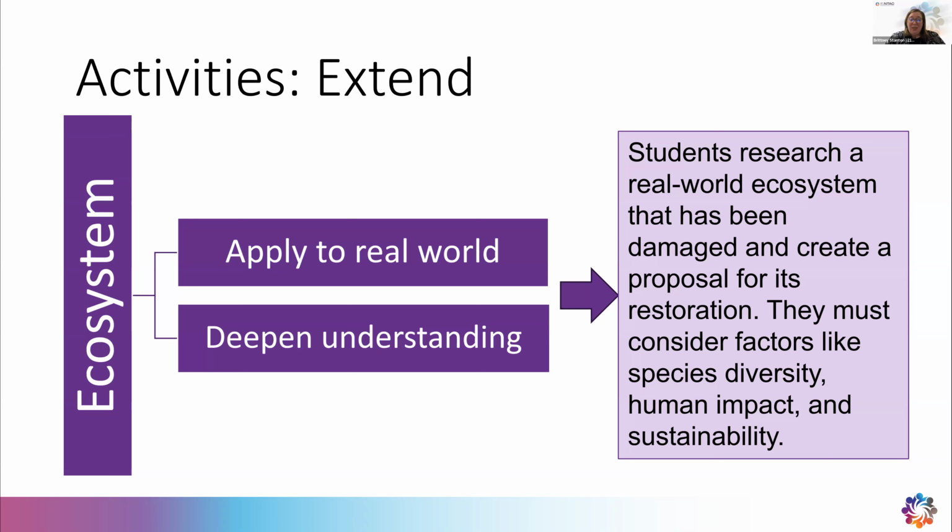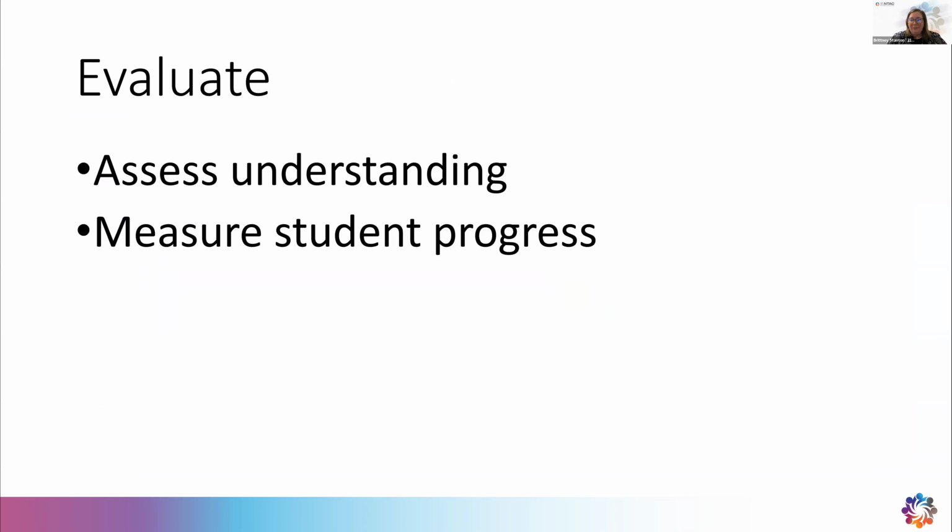So, okay, that was four, right? We had engage, we had explore, we had explain, we had extend. Now we quickly are approaching evaluate, which is our fifth E. And we do a lot of evaluating in our spaces, right? Especially when we are talking about those SMART goals and we have to measure something, right?